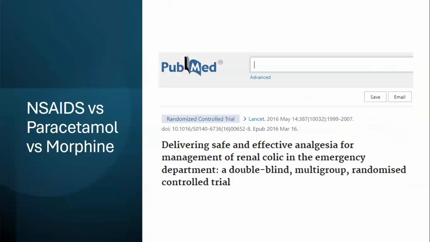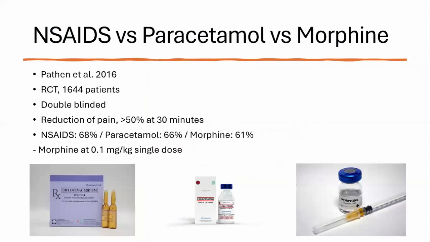If you go into PubMed or whatever resource you want to use, there are many studies looking at NSAIDs versus paracetamol, NSAIDs versus morphine. This study specifically was NSAIDs versus paracetamol versus morphine, in 2016 by Pathan. Good study. It was randomized controlled and double-blinded.